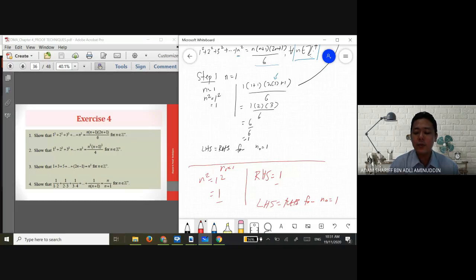Okay, for this one, your right hand side tak akan dapat sembarang markah because you don't apply to the formula of right hand side. You just happen to skip the step. You don't do the calculation of applying the formula of the right hand side. Therefore, this one I will not accept for the right one. So make sure you apply into the formula line by line by a valid substitution of the value of n naught.